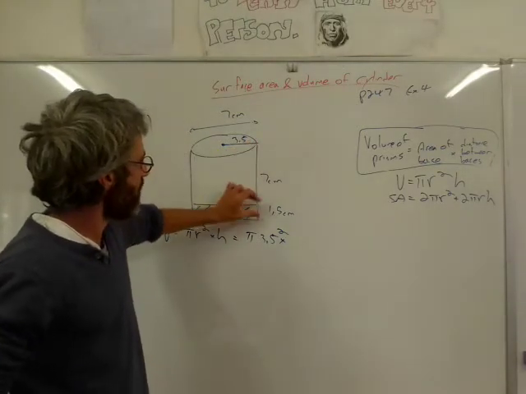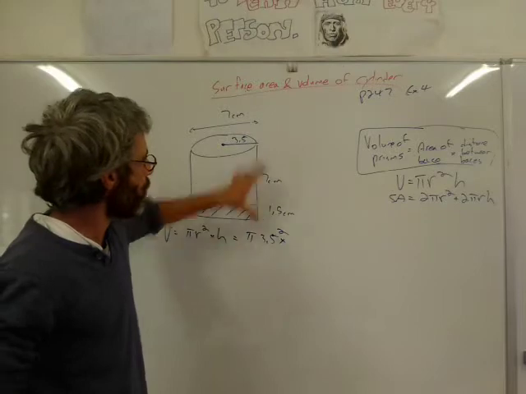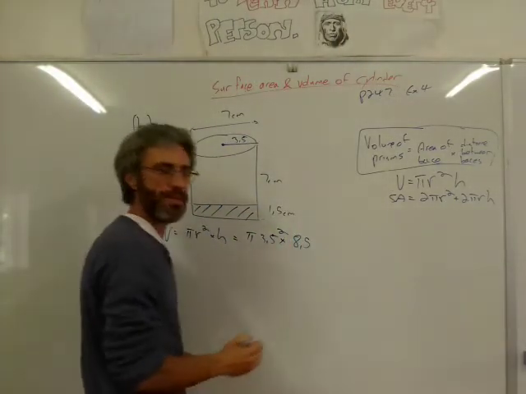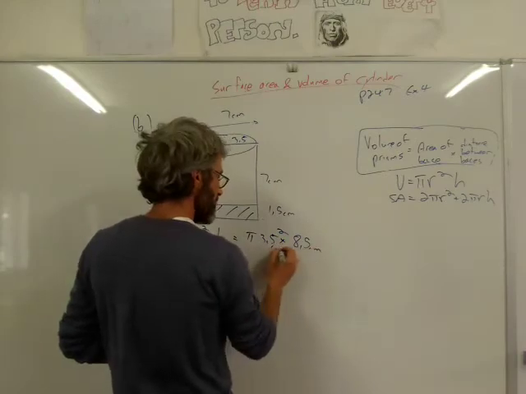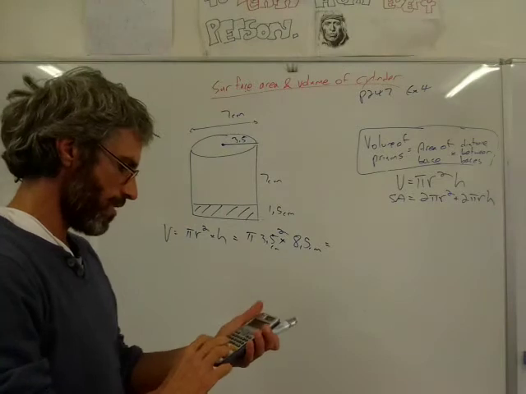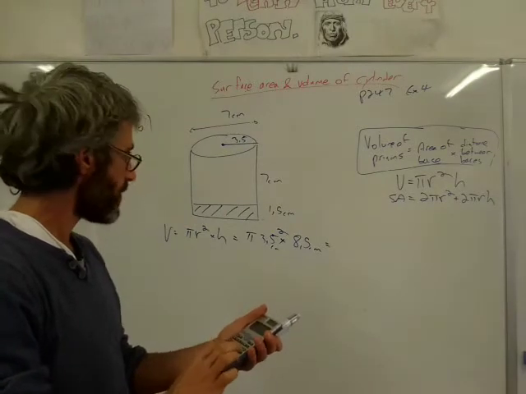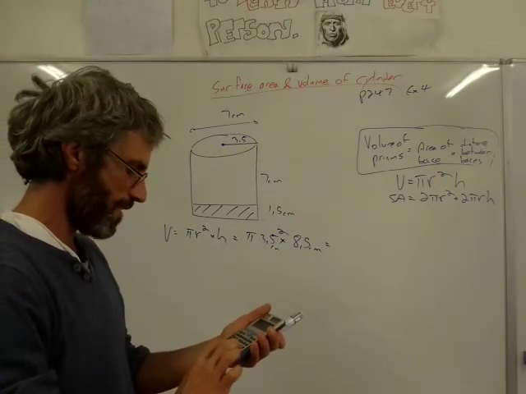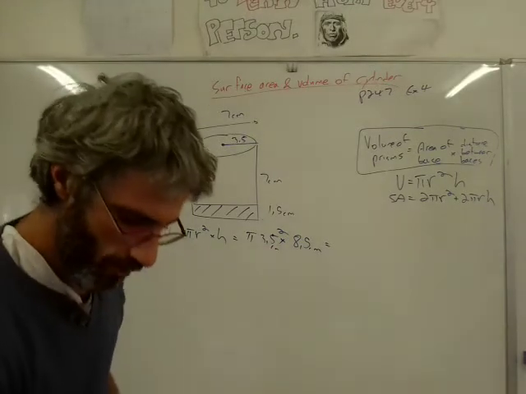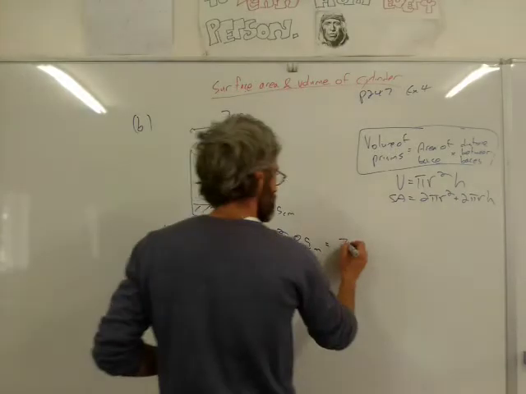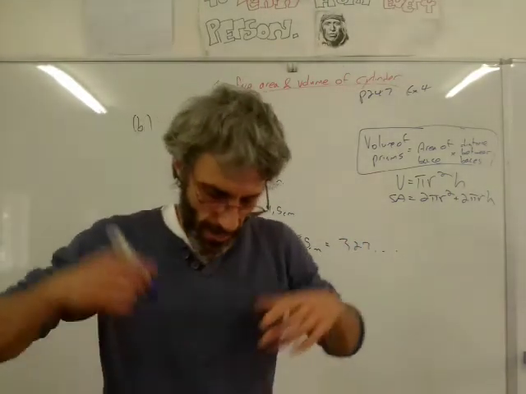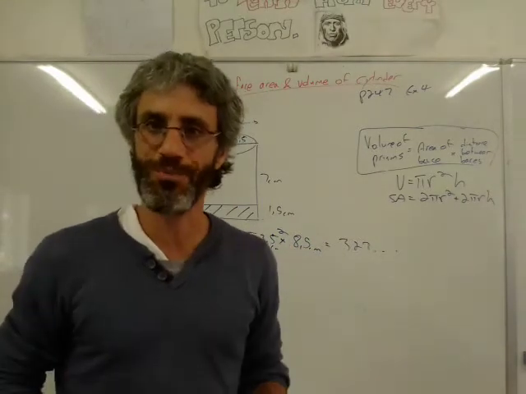If this is 7 and this is 1.5, altogether the height will be 8.5. I've just added them together. And we'll find out the answer. 3.5 squared times 8.5 times pi, equals SD, and I've got 327 and a little bit. I'll leave you to find that out. And the answer obviously is in centimeters cubed.